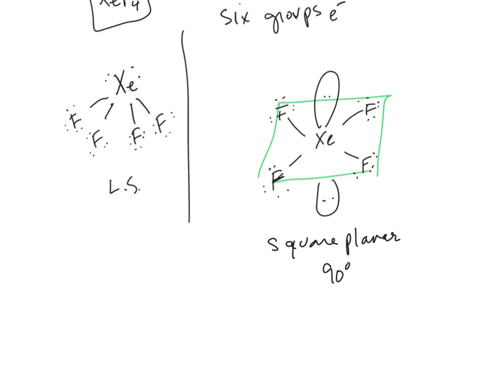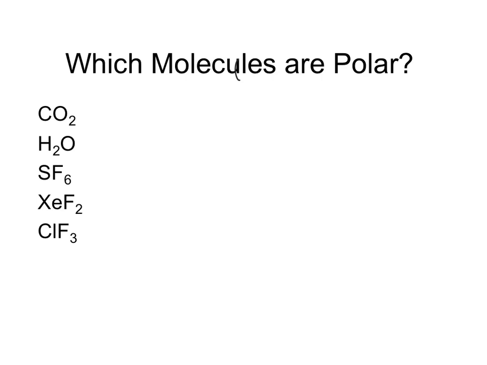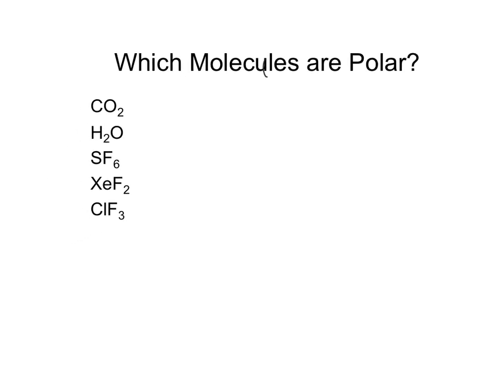All right, now the next question is which molecules are polar? Now that we know the VSEPR structures, which molecules are polar? We don't have to do all of them, but we can look at a few of them.